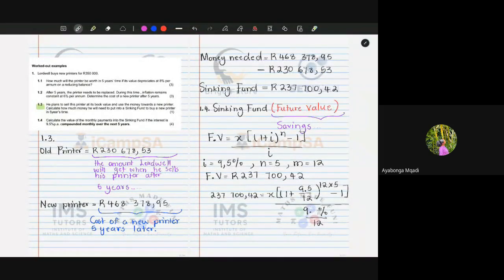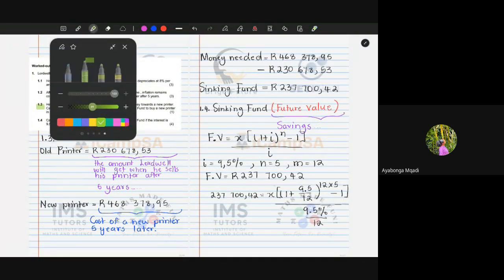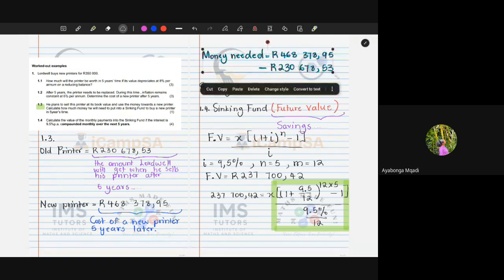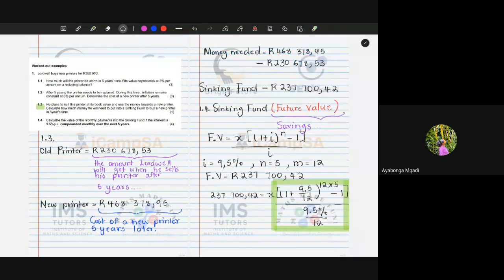Please punch all of this for me on your calculator, the green part, and give it to me. What is it? 76.42.